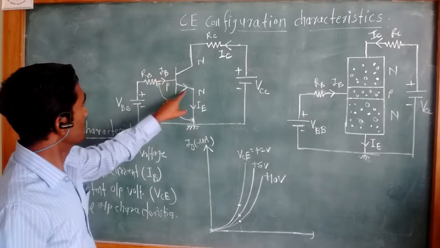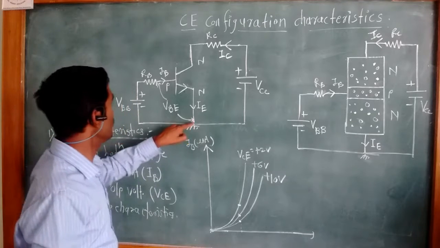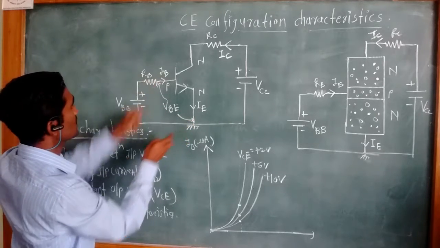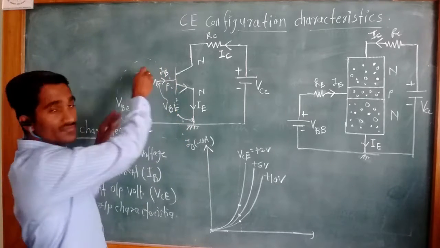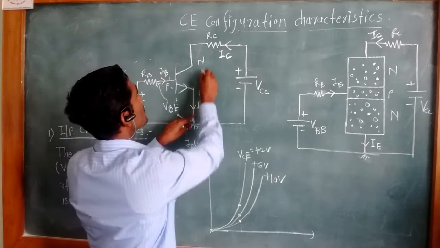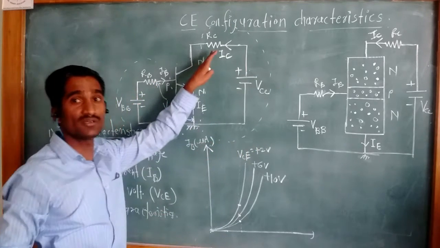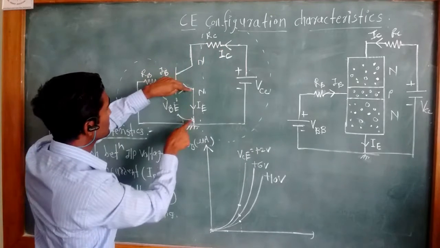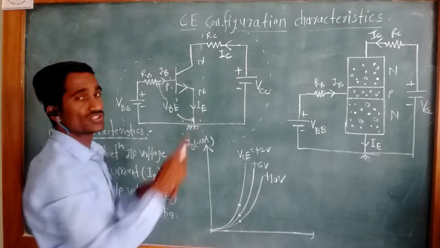The emitter terminal is common to the input section. So this is the input section of the transistor, and this is the output section of the configuration. So the emitter is common for the input section as well as the output section.